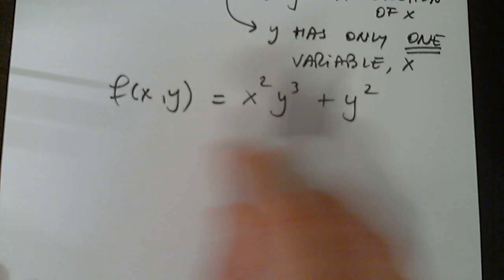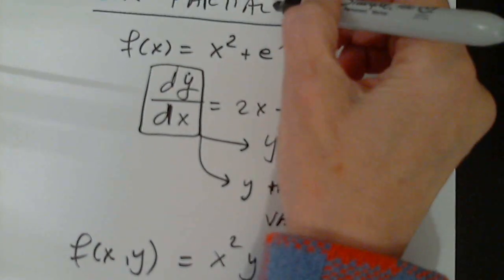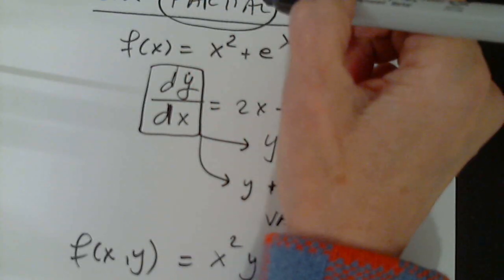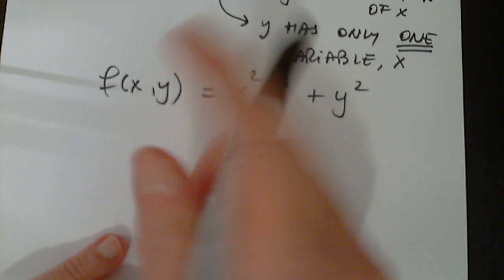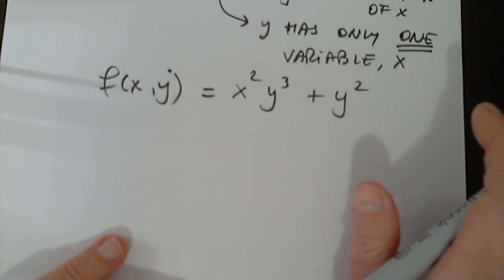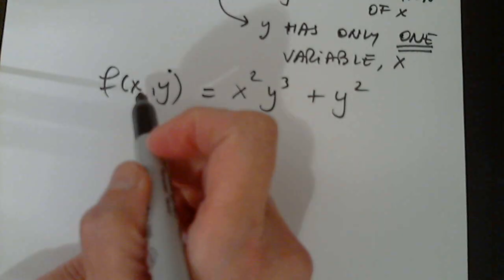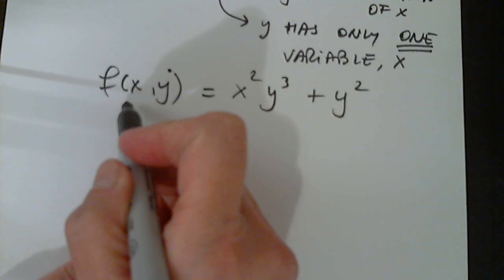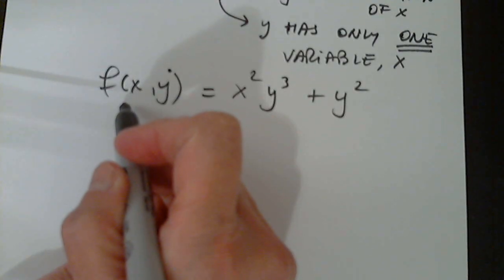That's not possible. That's why all we can do is find partial derivatives. If we differentiate with respect to x, it means that y is fixed. It's like a constant. If we differentiate with respect to y, it means that x is fixed, like a constant.